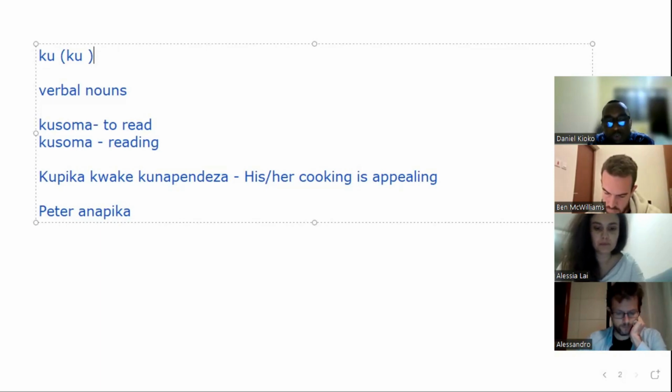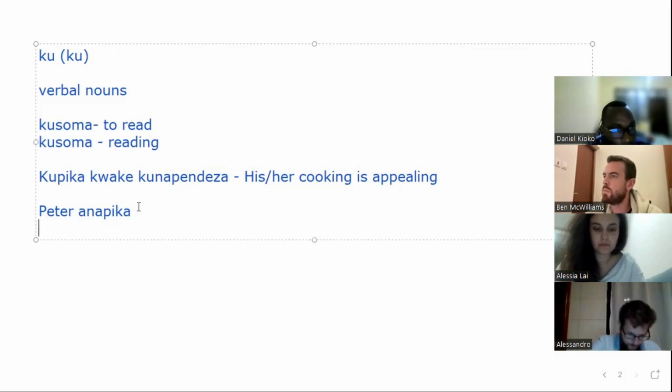The other ku should be in brackets, the syntax. Yes, that's what I meant earlier with the conjugation of the verb. But there's no plural. Maybe in this case, if I wanted to put plural, I'll just change the possessive. They are cooking. I'll just change there, but the ku will remain.